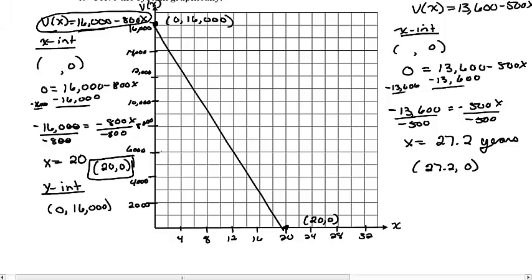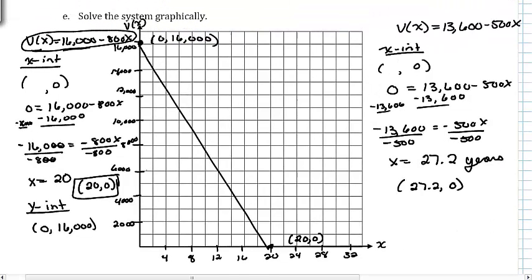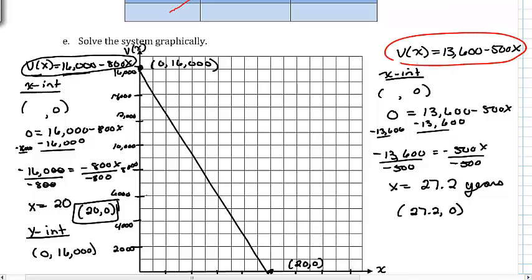And then we'll do the other graph in red. And so there we have 13,600. So that'd be a little more than halfway between 13 and 14. And then we have 27.20 for the other intercept.